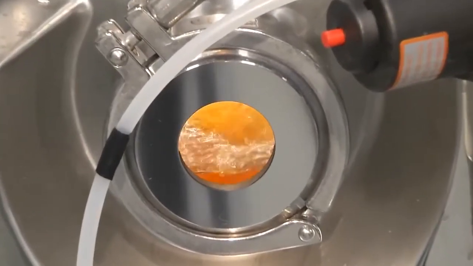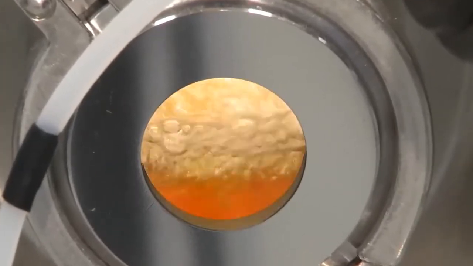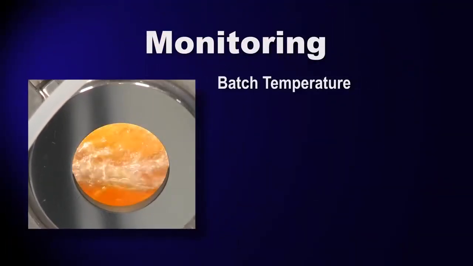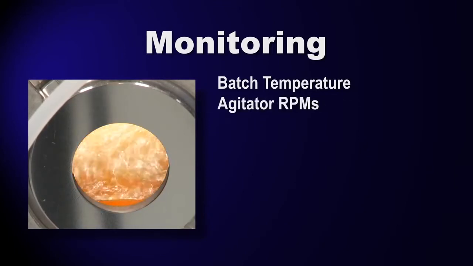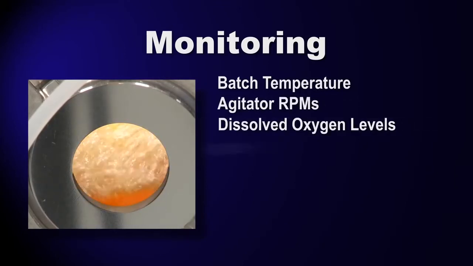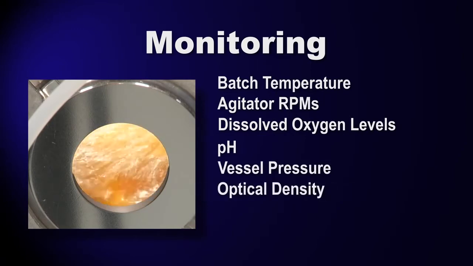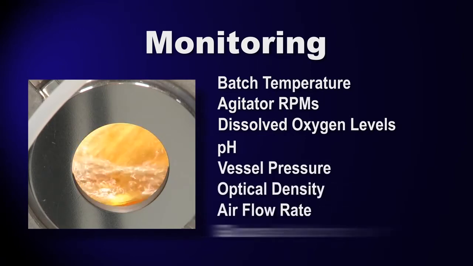Fermentation now begins. The operator takes 0-hour readings and begins to regularly monitor batch temperature, agitator RPMs, dissolved oxygen levels, pH, vessel pressure, optical density, airflow rate, and glucose concentrations.